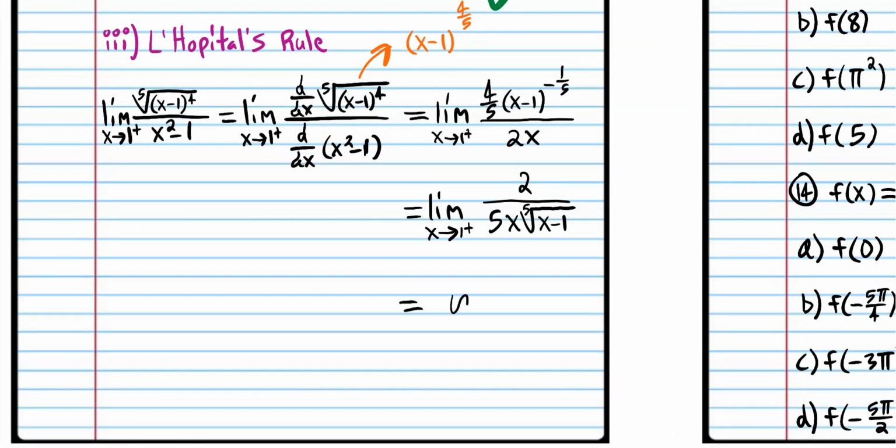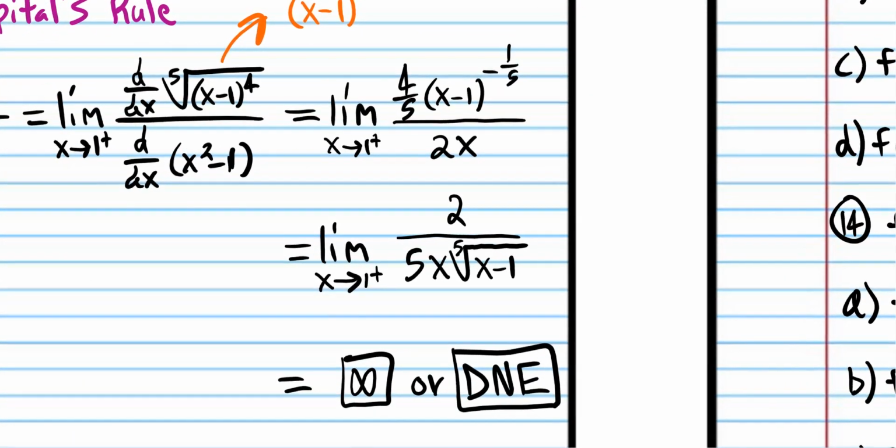So in this case, our answer is going to be positive infinity. So why is that? Well, if x approaches 1 from the left, say you plug in 1/2, you get a negative number in here. The fifth root of a negative number is negative, so this expression would just be getting bigger and bigger in the negative direction.